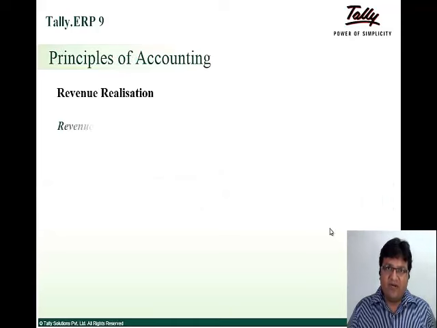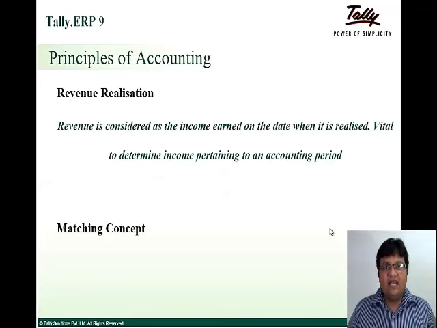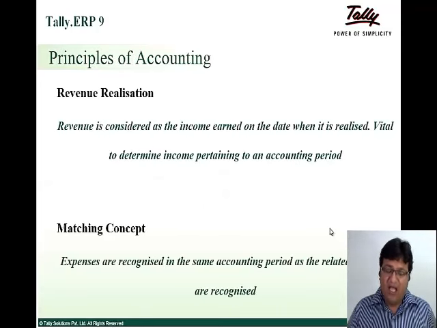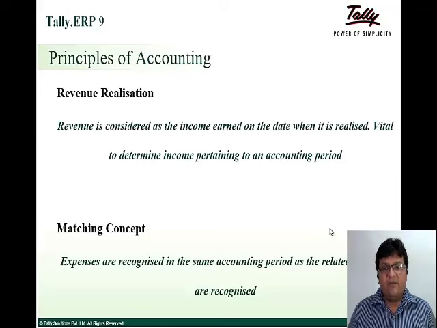So what are the principles of accounting? Accounting follows certain principles. We should know these principles before we start doing the accounting. The first principle of accounting is revenue realization. What do you mean by revenue realization? Revenue realization is revenue which is earned, and income which is earned, and it is recorded on the date of its realization.